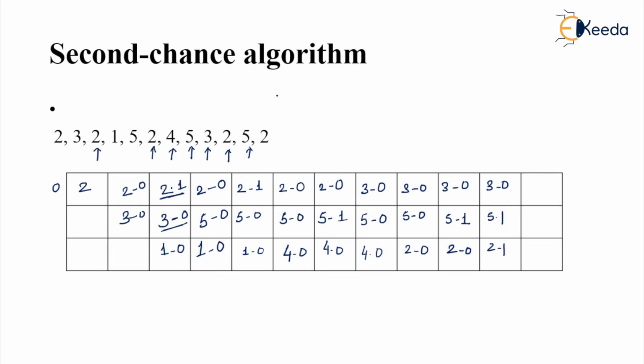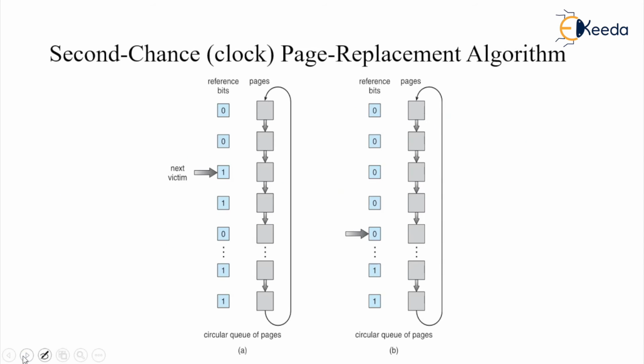And whenever you have more than one page with reference bits as 0, then we'll break the tie by first in, first out. So that way we break the tie.